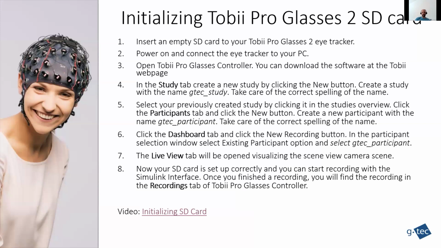You need to insert the SD card, power and connect the device, then go to the Tobii Pro Glasses controller, create the study, create the participant, and then start recording in the recording dashboard, and in the live scene view you'll see how the overlay works, and then the SD card is set up for you.